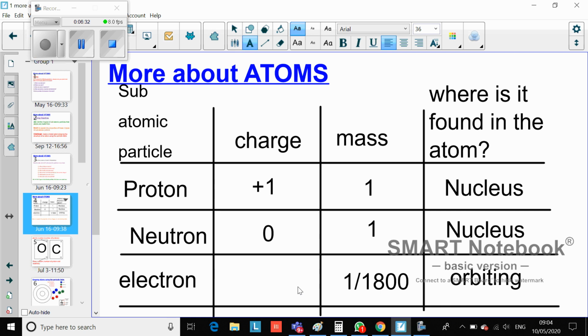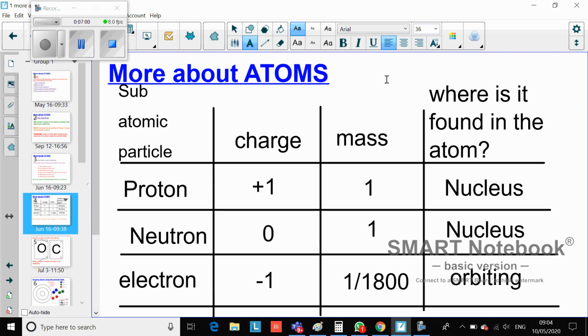An atom has an overall neutral charge, so it has neither a positive nor negative charge. Now, if the nucleus has positive charges in protons and no charge in neutrons, and the whole atom is going to be neutral overall, then the charge must be negative, or -1, to balance out the positive charge.